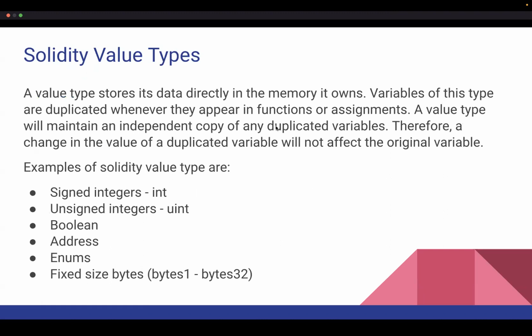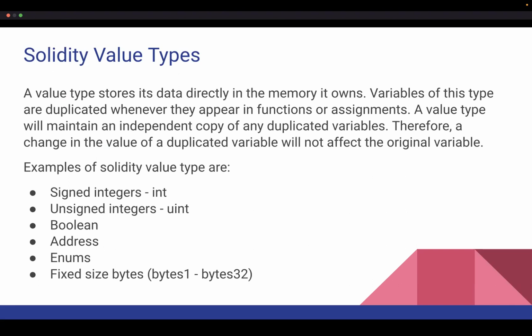Now, Solidity value types. A value type stores its data directly in the memory it owns. Variables of this type are duplicated whenever they appear in functions or assignments. The value type will maintain an independent copy of any duplicated variables.